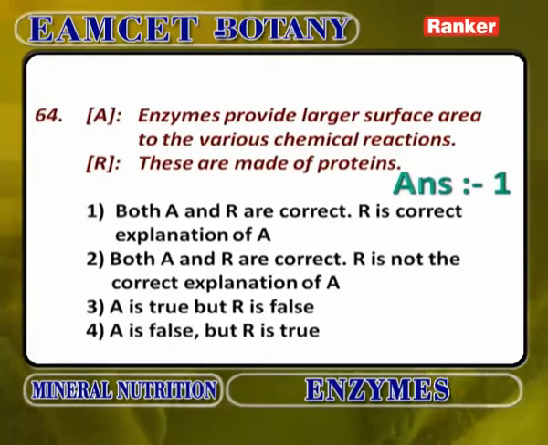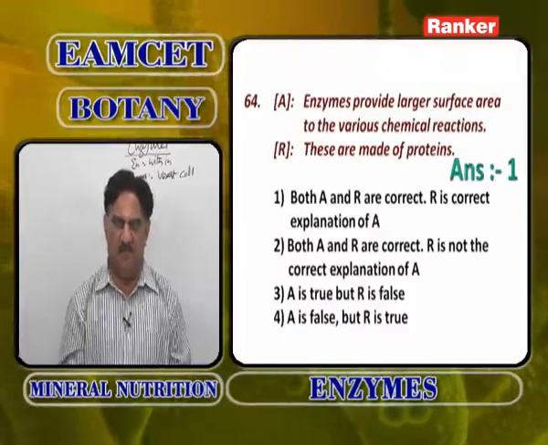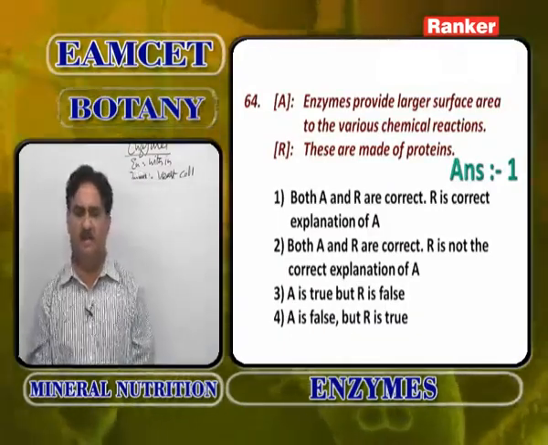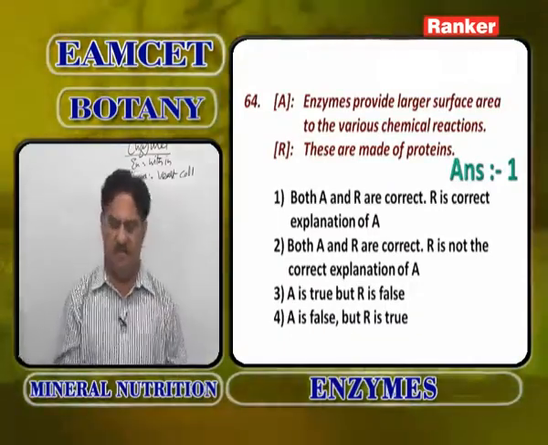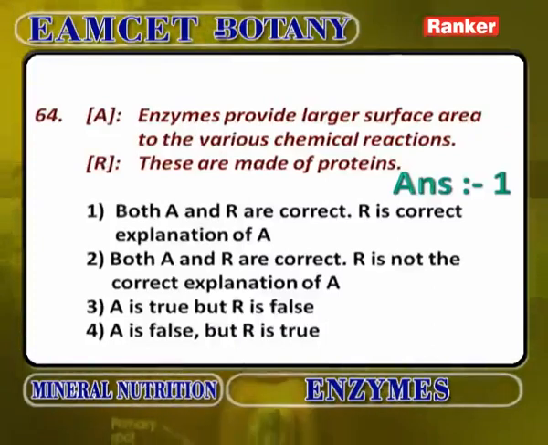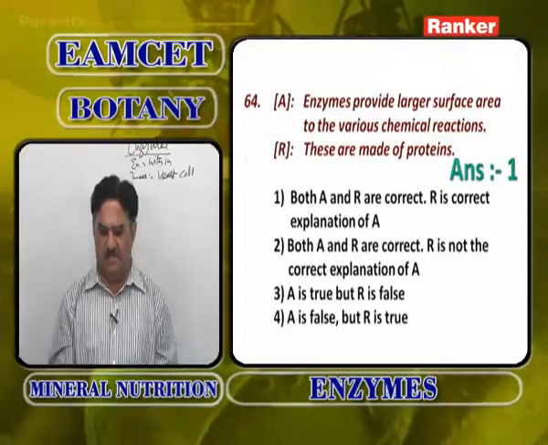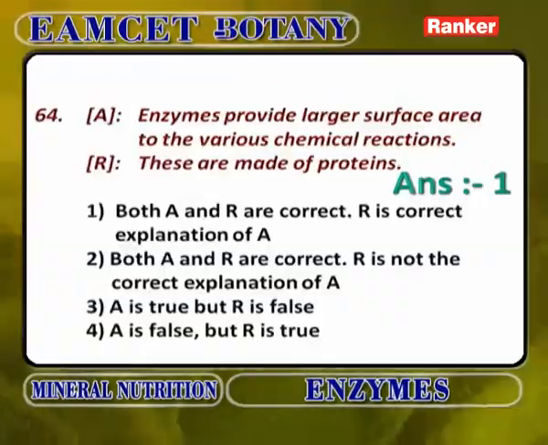This is called activation energy. So enzymes provide larger surface for various chemical reactions by reducing what? Activation energy. These are made up of proteins. So both A and R are correct. R is the correct explanation of A, first option.